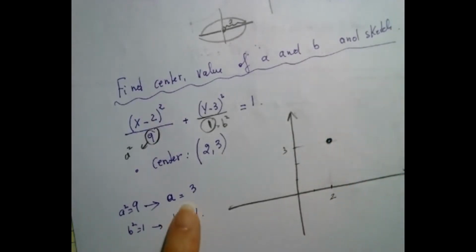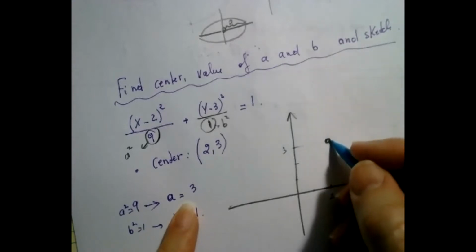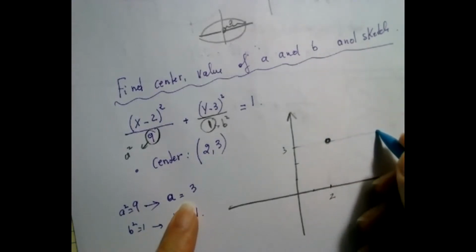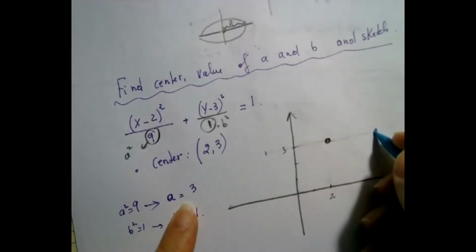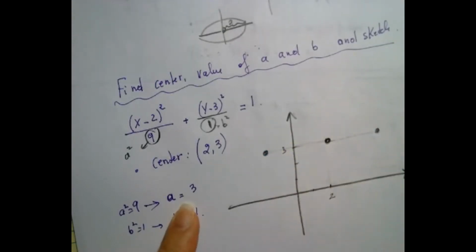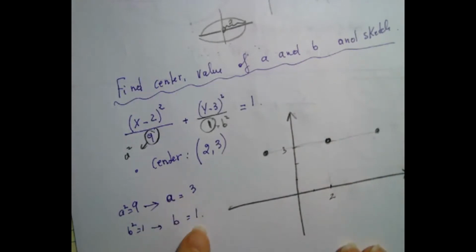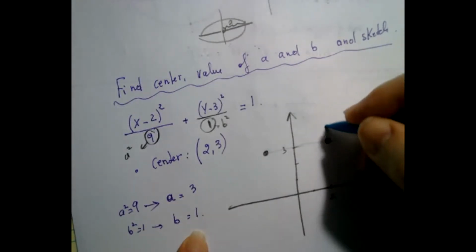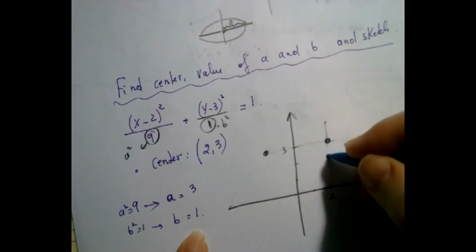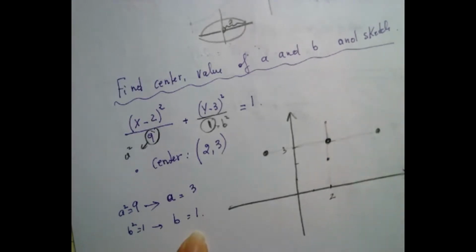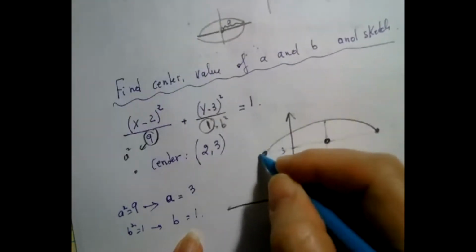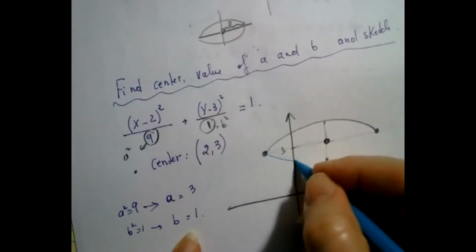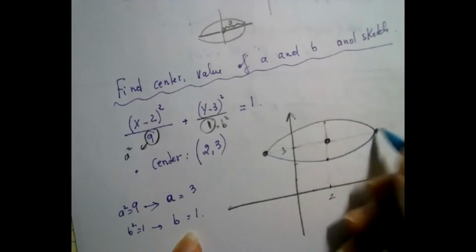The A is 3, which means I have to go 3 units to the left and 3 units to the right. These are what we often call the vertices of the ellipse. The B is 1, which means from the center I'm going to go up 1 unit and down 1 unit. And now I just connect. This equation will represent this ellipse.